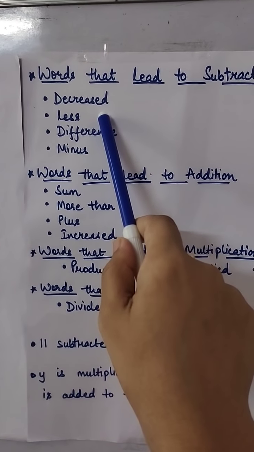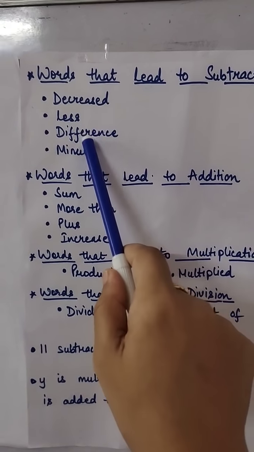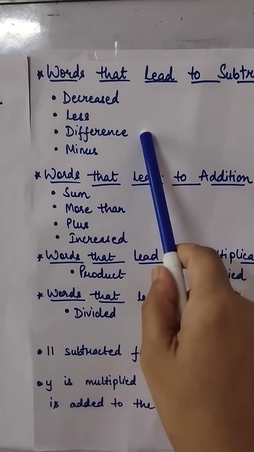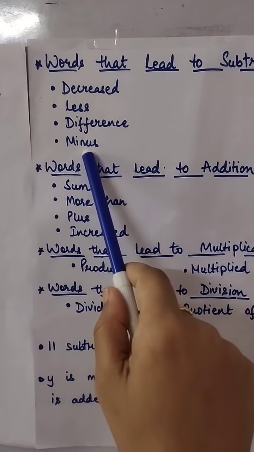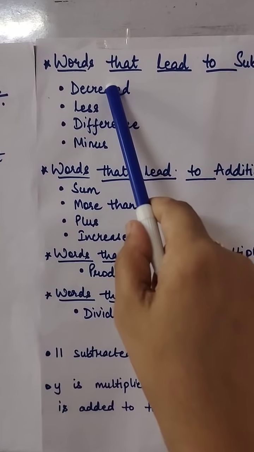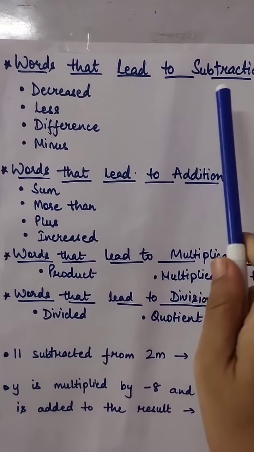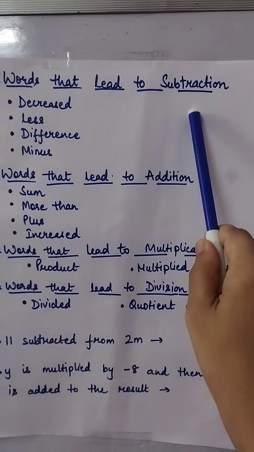Y less than 7, or difference of y and 7, is also y minus 7. So wherever the words decrease, less, difference, or minus are there, we know that we have to subtract.